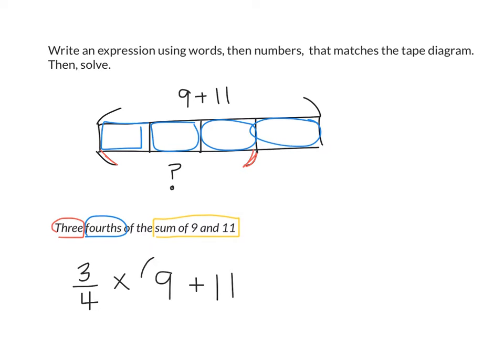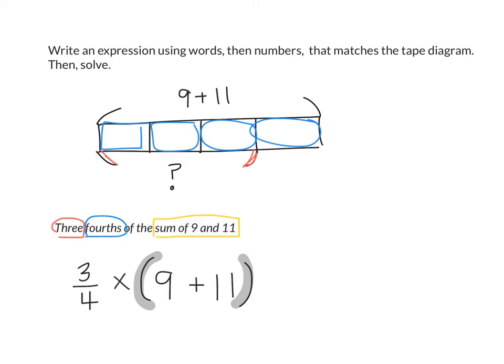So we have to add parentheses that show that first you have to find the sum of 9 and 11. Does that make sense? If I didn't have the parentheses there, the words would be the sum of 3/4 of 9 and 11. Looking at the tape diagram, what would be the first step that we need to do? Add 9 and 11, right? And so these parentheses show us that that's the first step that we have to do.